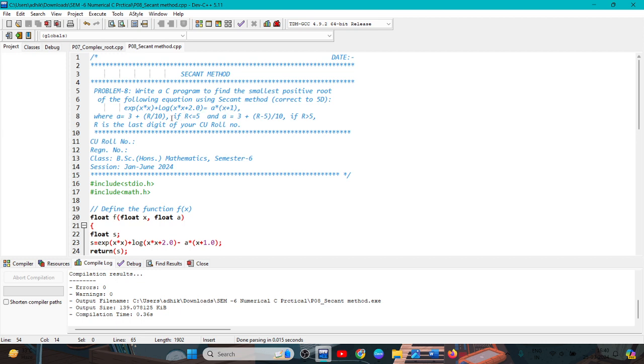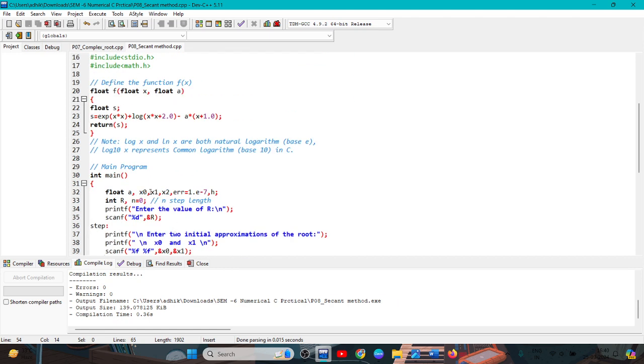In C programming, log of x is the natural logarithm, or ln x, and for common logarithm use log10. Log10 represents the common logarithm, that is, base 10 in C.